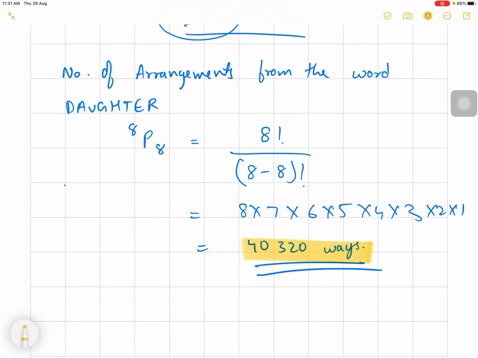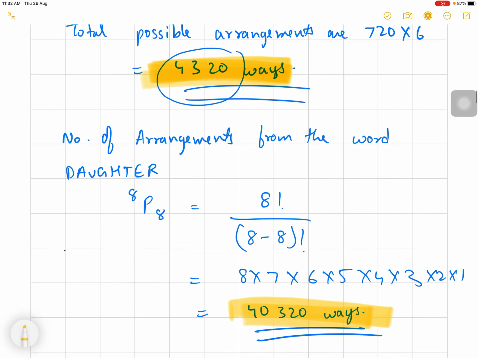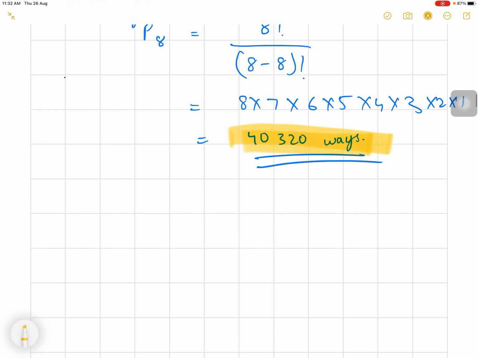Correct? So total number of arrangements which can be made from the word daughter is 40,320 ways. Out of these, 4,320 ways is where vowels are always together. So that means the remaining ways will be the number of arrangements where vowels are never together. Right?